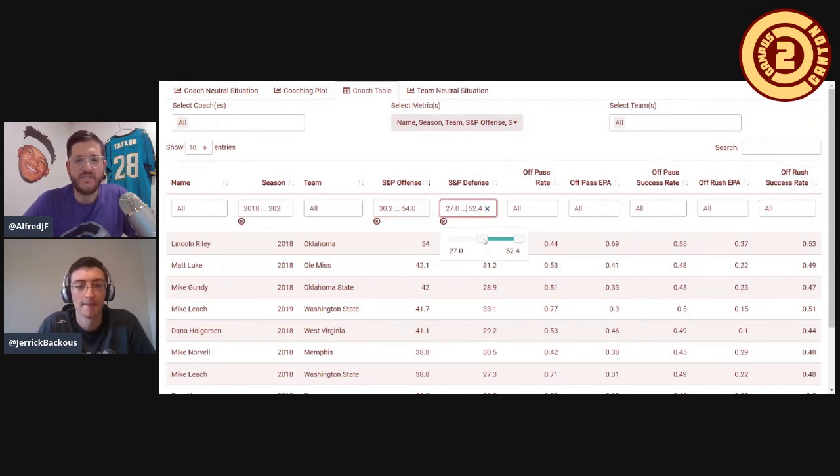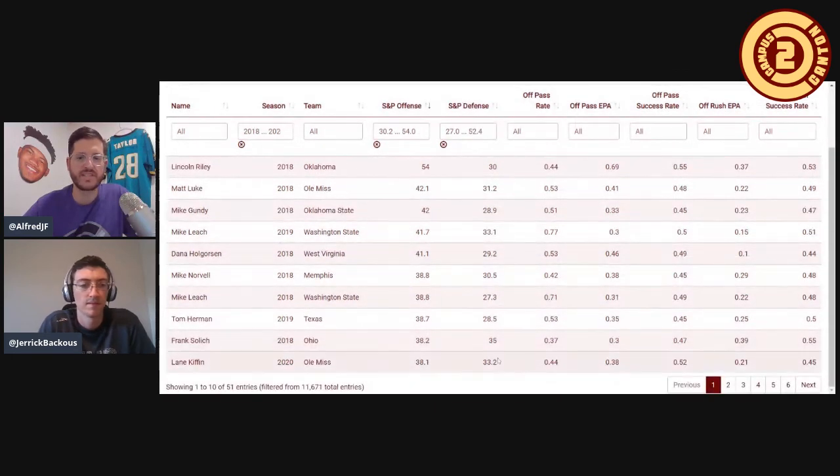And then on defense, we wanted bad defenses, not good defenses. We were trying to answer a specific question. So we wanted defenses as, again, S&P lower is better for defense. Inverse is true for offense. So we wanted defenses that were higher than 27, all the way up to the worst defense, which would be 52.